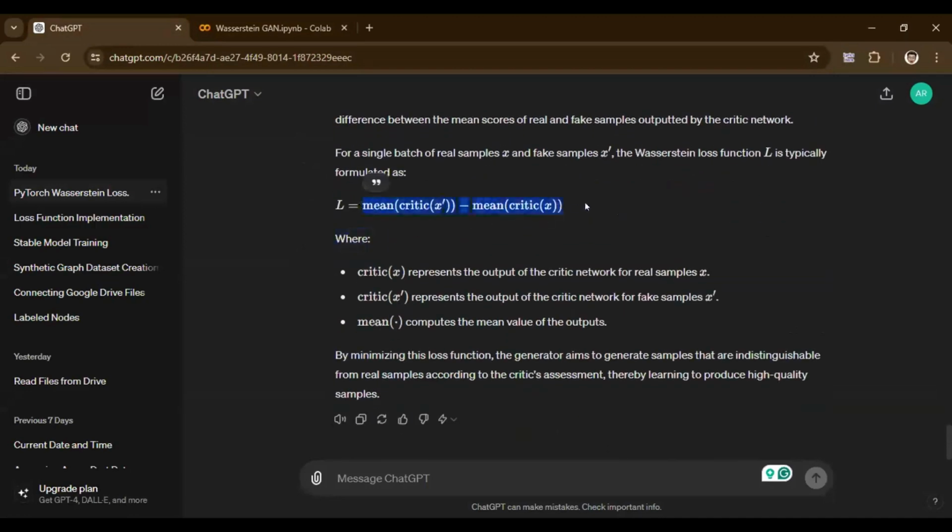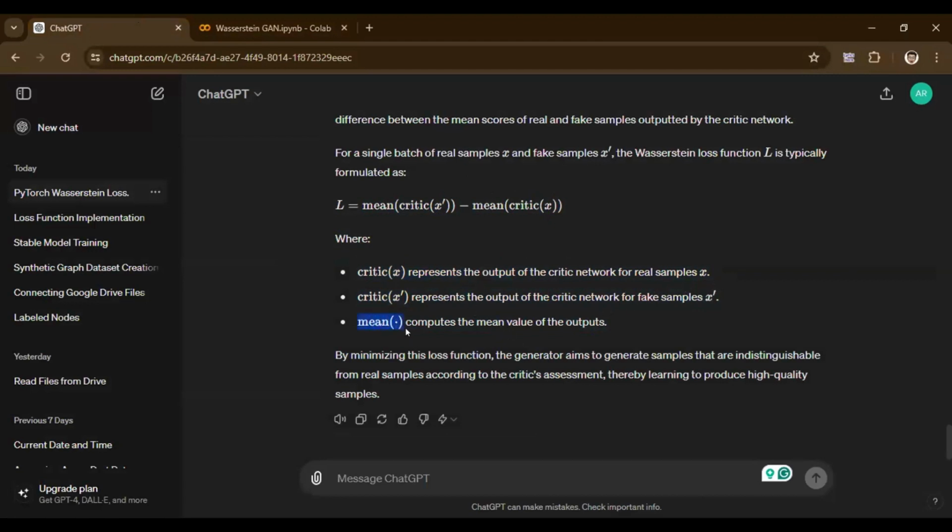As you can see, this is the formula, the same as the function we created before, which is the mean of the critic of x minus the mean of the critic of x prime. Critic of x represents the output of the critic network for real samples x, and critic of x prime represents the output of the critic network for fake samples x prime.